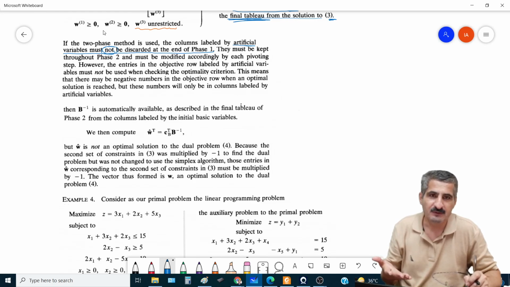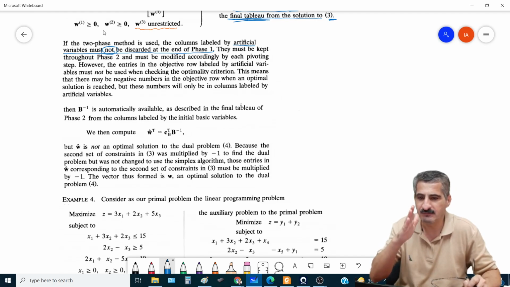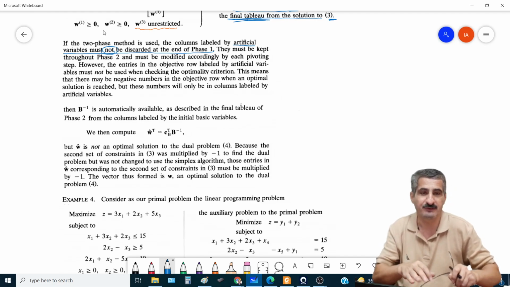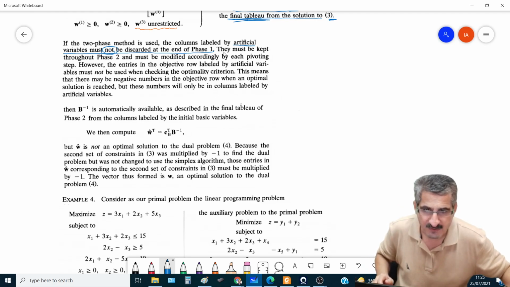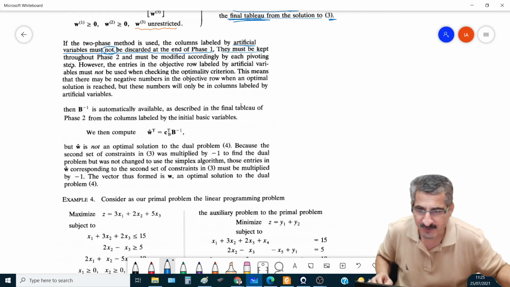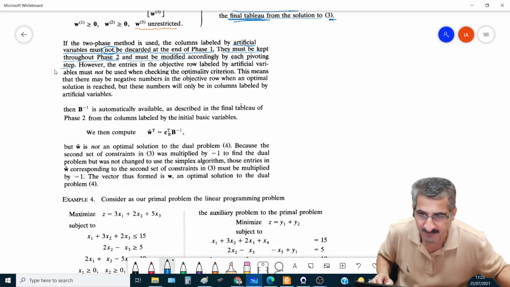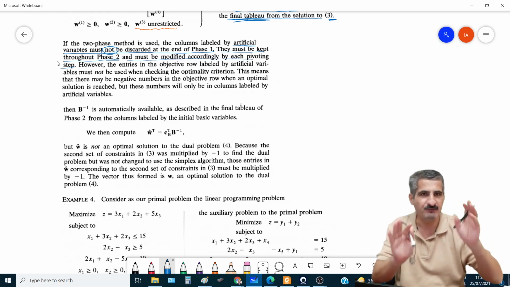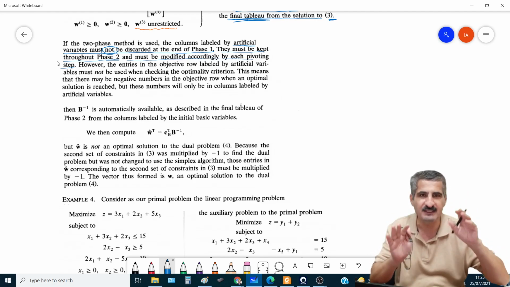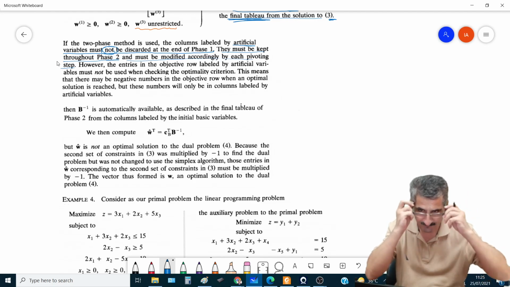At the end of phase 1, you get a table and keep the artificial variables there. Don't kick them out. Why? They must be kept throughout phase 2 and modified accordingly by each pivoting step. Therefore, you keep these columns and work with them by pivoting. Consider them as any other ordinary column.